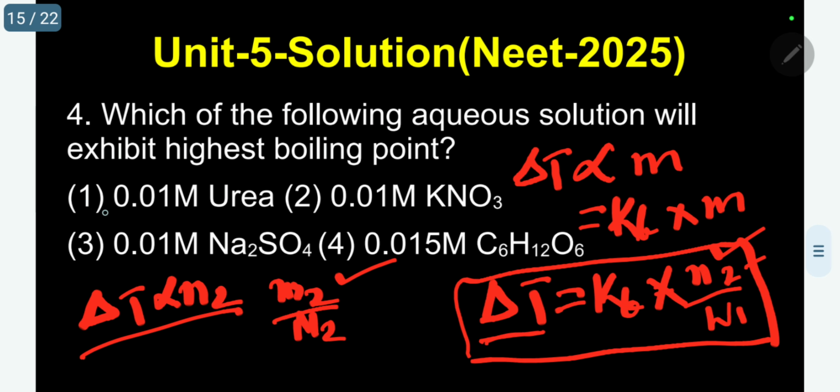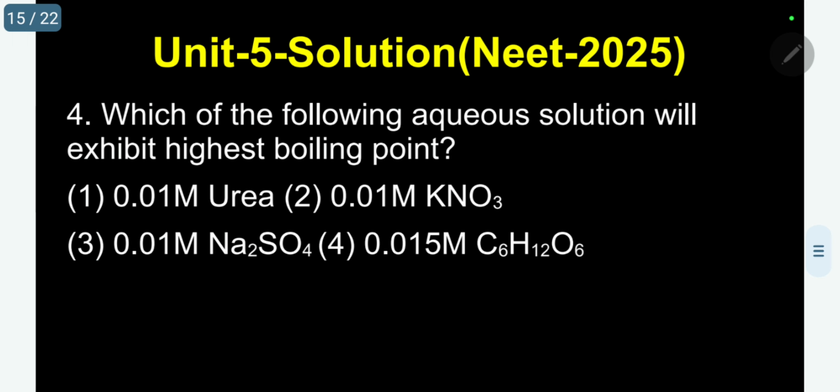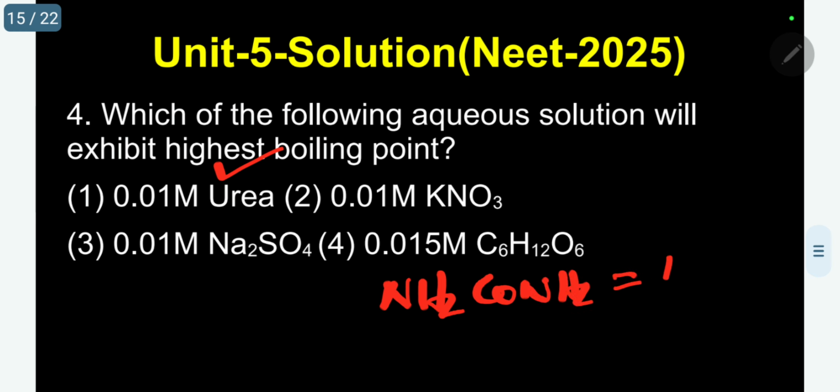You just see the options. Option 1, 0.01 m urea; 0.01 m potassium nitrate; 0.01 m sodium sulfate; 0.015 m glucose. Now, for the solutions, count the number of particles. Urea, organic chemistry, that is NH2CONH2, number of particles is 1. Potassium nitrate gives 2 particles, K plus and NO3 minus.